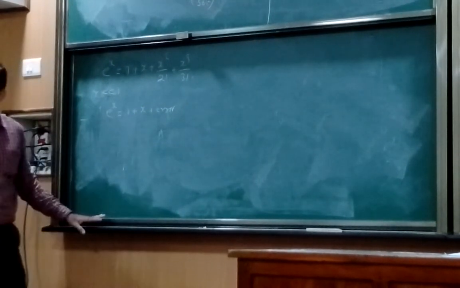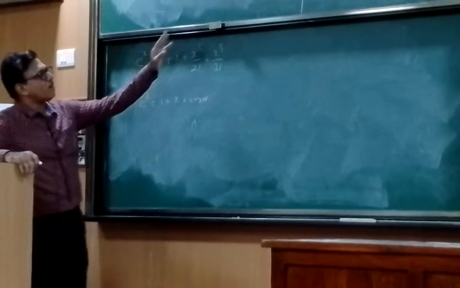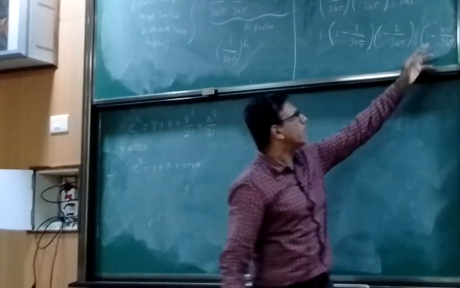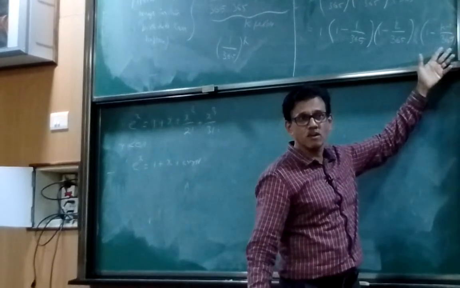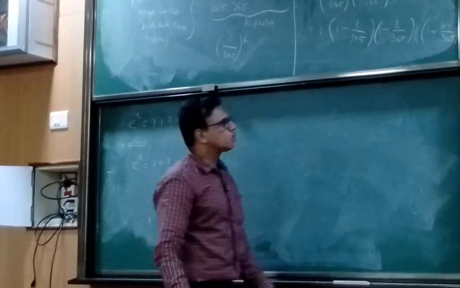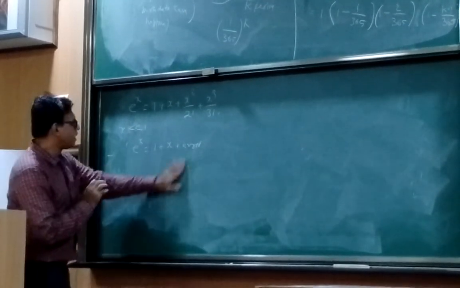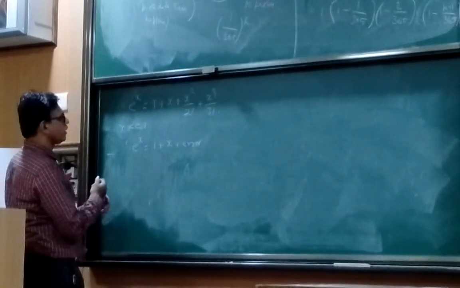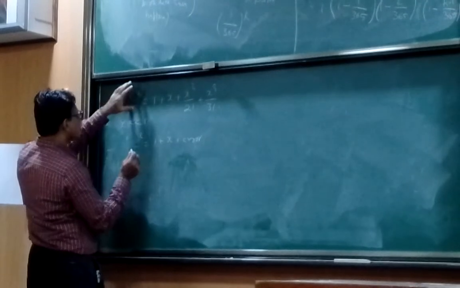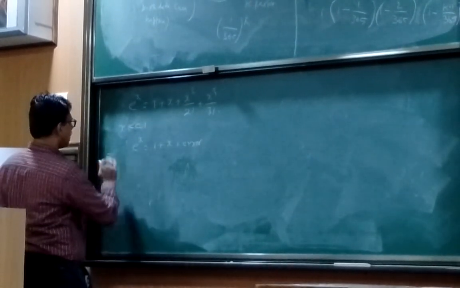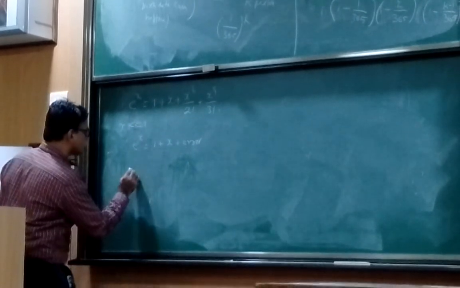We are talking about k maybe of 10, 20, 30 and so on, where the terms are less than 1/10. So assume this is the rough approximation that we are going to use.